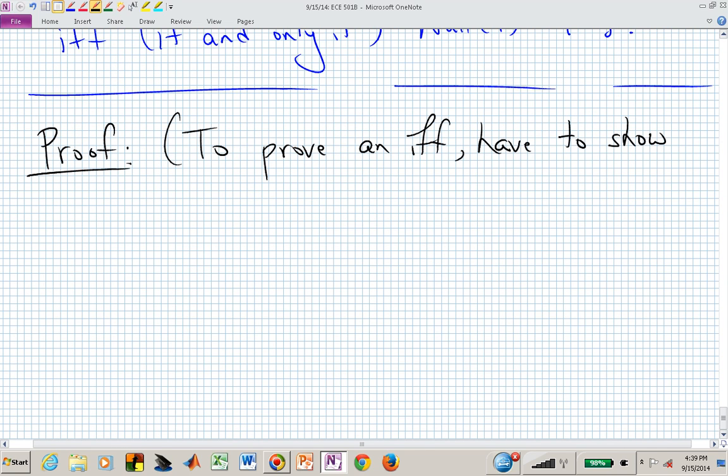So we have to show implication in both directions.